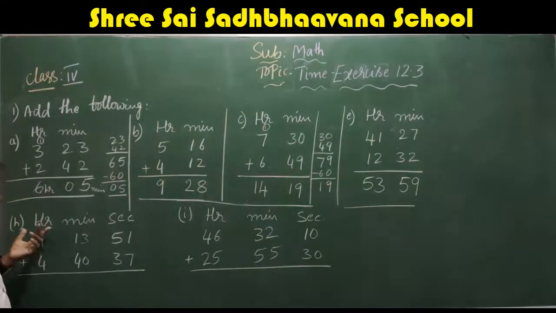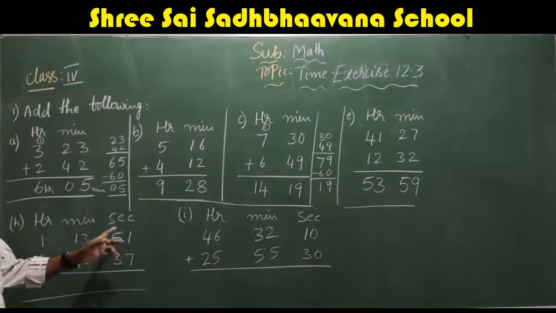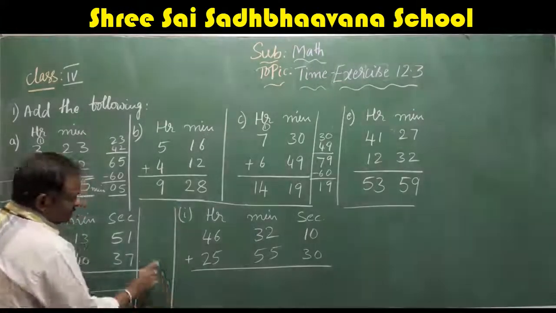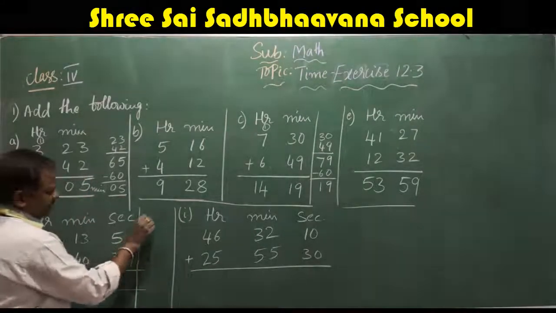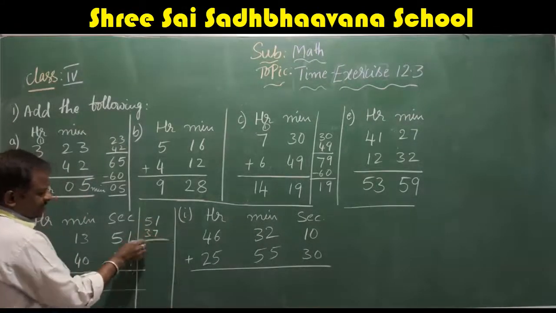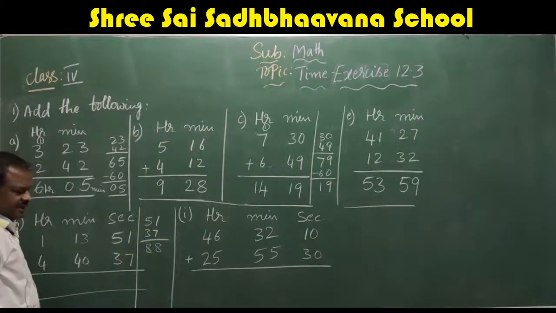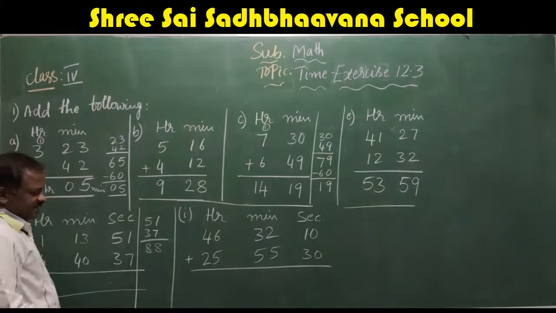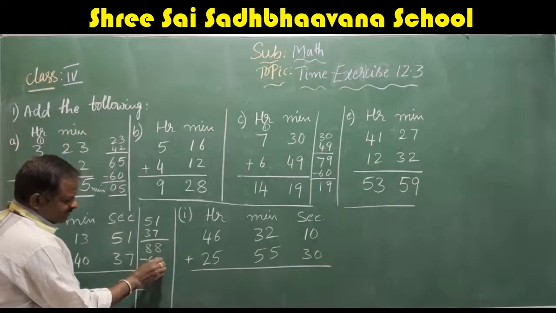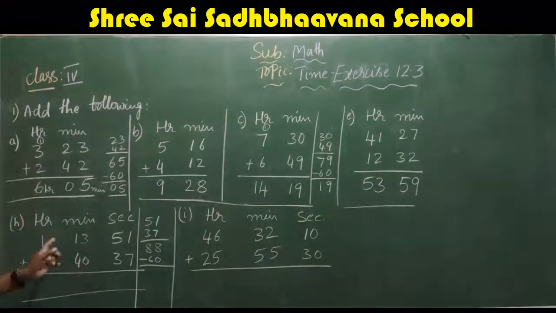Next, come to here. Here they have given hours, minutes and seconds both. In the same way you have to add. Here see, when you add, you can get more than 60. So you add here 51 plus 37. How much will you get? 7 plus 1, 8, 5 plus 3, 8. Subtract 60 from this because 60 seconds is equal to 1 minute.